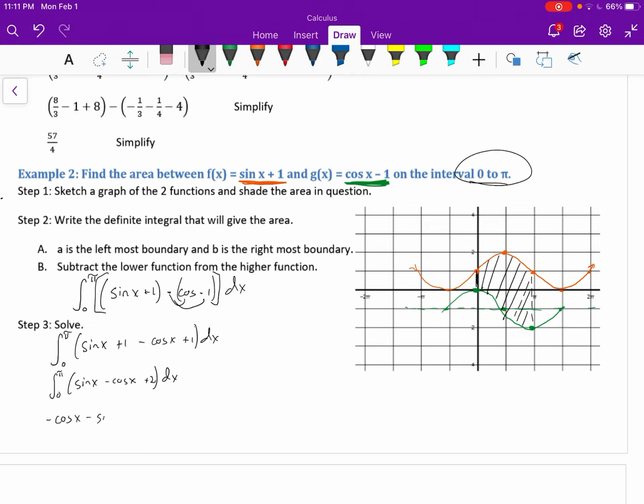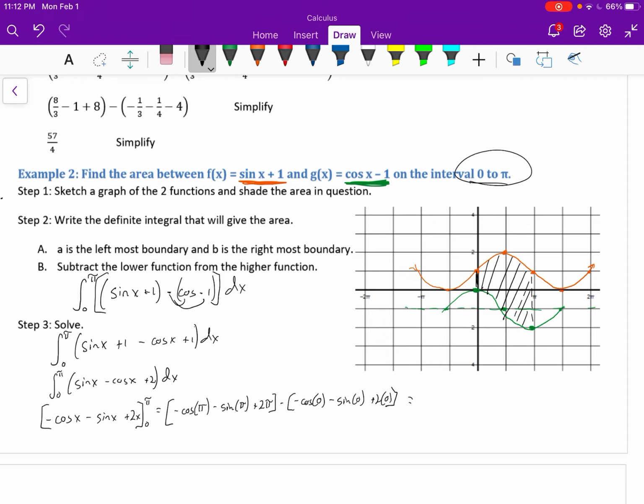The integral of cosine is just sine, so minus sine of x plus 2x, evaluated from 0 to pi. So we'll plug in pi: negative cosine of pi minus sine of pi plus 2 times pi. We're going to take that whole thing and subtract when we plug in 0. So negative cosine of 0 minus sine of 0 plus 2 times 0.